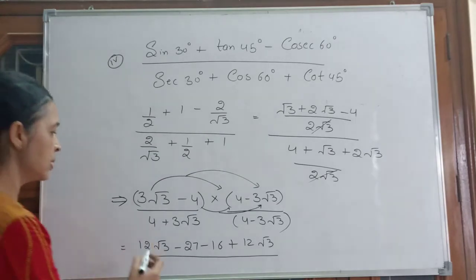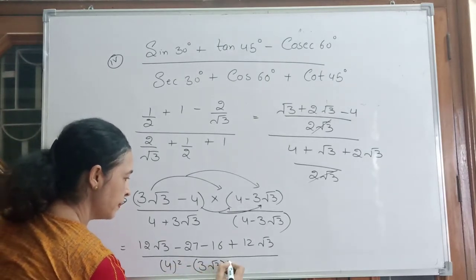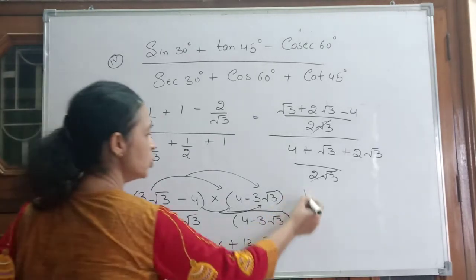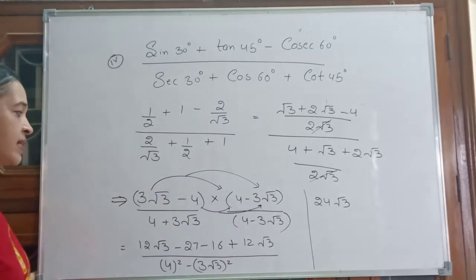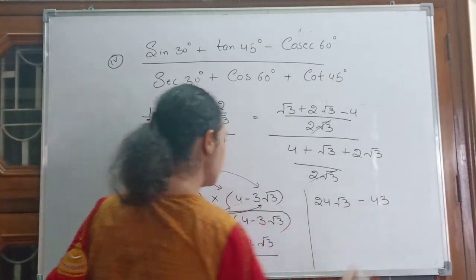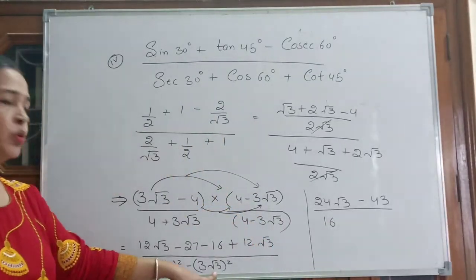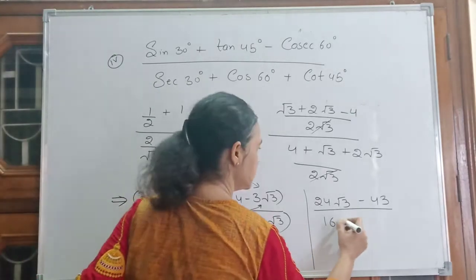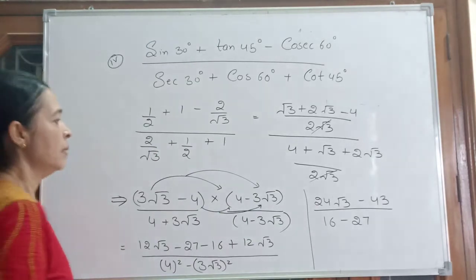Upon 4 plus 3 root 3 minus 4 minus 3 root 3. This is 4 whole square minus 3 root 3 whole square. 12 root 3 plus 12 root 3, 24 root 3, minus 27 and minus 16. You will get minus 43 upon 4 square 16 minus 3 root 3 whole square. 3 root 3 into 3 root 3, 27. 16 minus 27, minus 11.